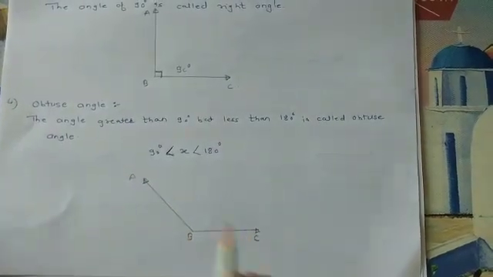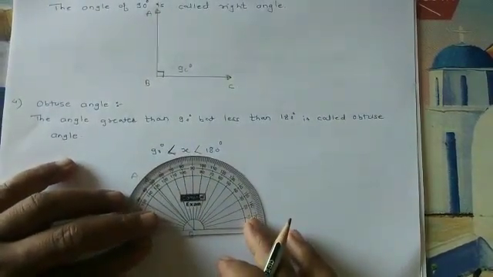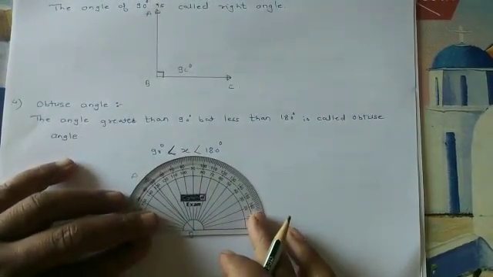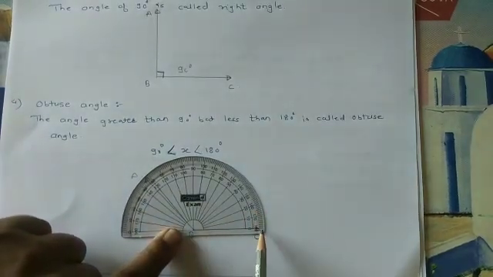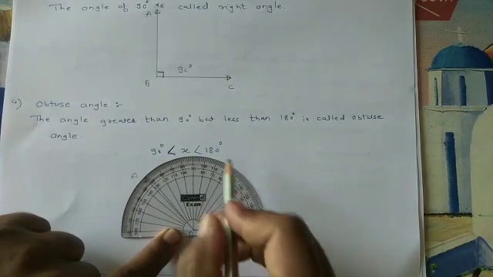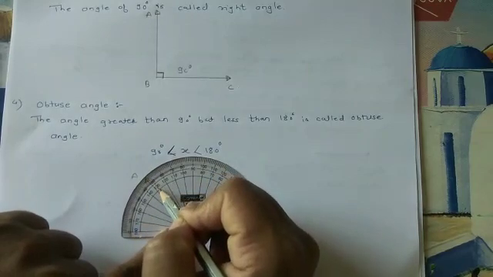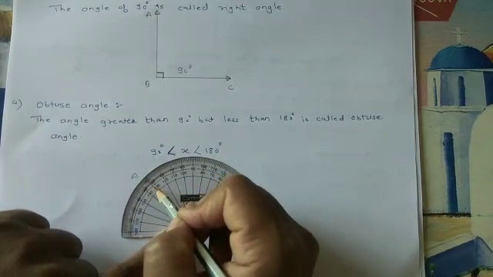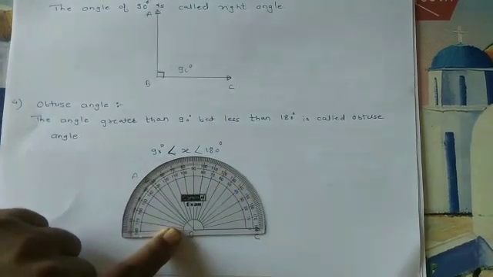Now if we measure this angle, see here, how much is the angle? From here, the 0, we start to measure, and the angle comes here. It lies between 130 and 140, and the measure is 132.